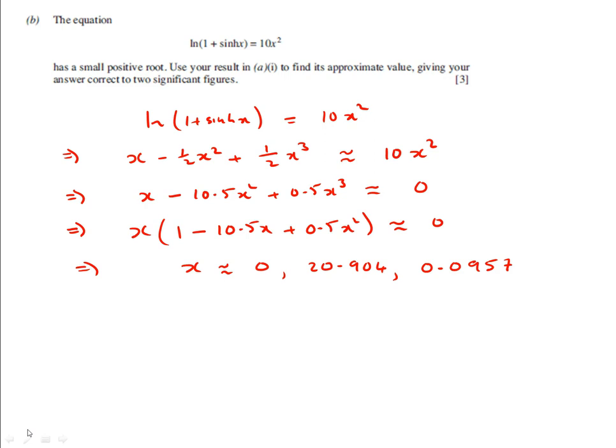We're looking for the small positive root. If we solve the quadratic equation, that gives me x is 20.904 or 0.0957. So the small positive root that we're looking for is x equals 0.096 to two significant figures.